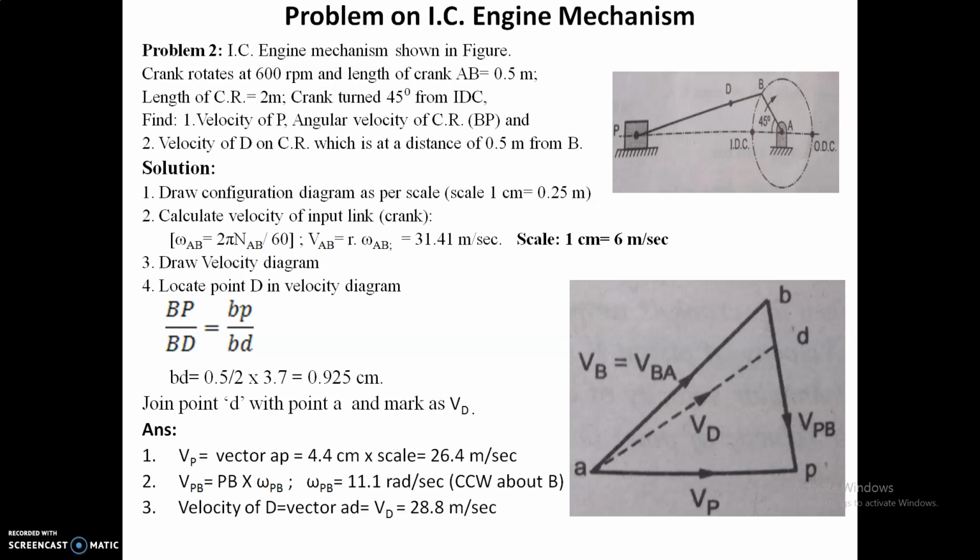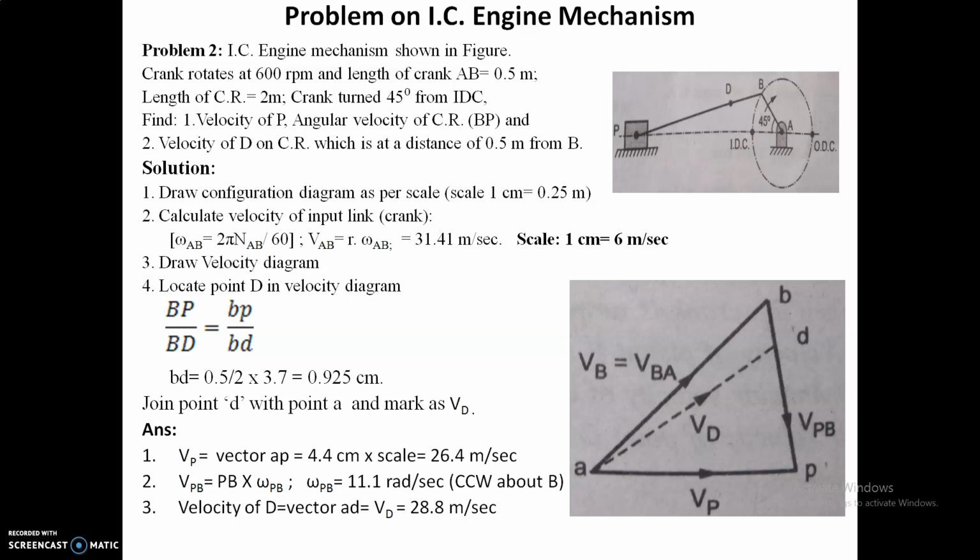So again, you take the scale for the configuration diagram, which is drawn by using the scale. This particular diagram is called the configuration diagram, or it is also called the space diagram. For making this configuration diagram, I have chosen the scale as 1 centimeter is equal to 0.25 meter.